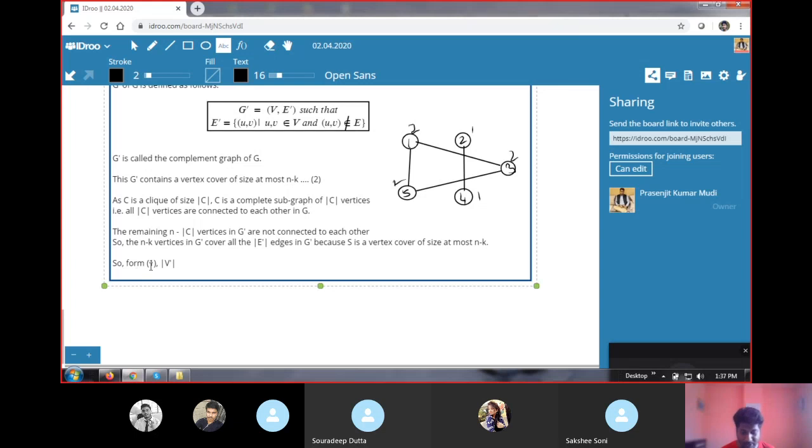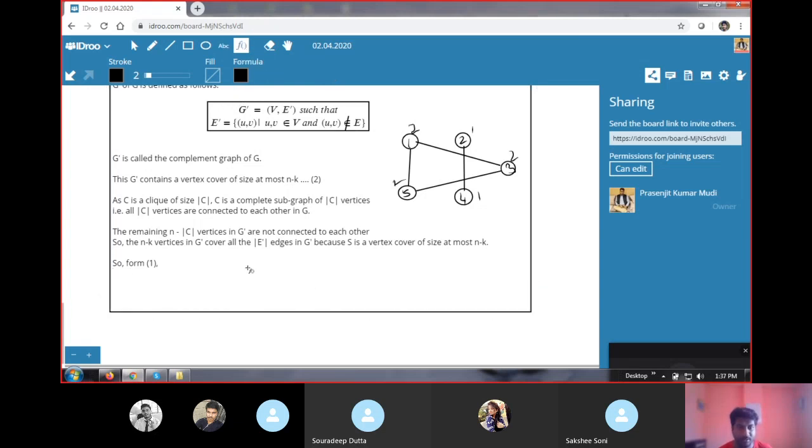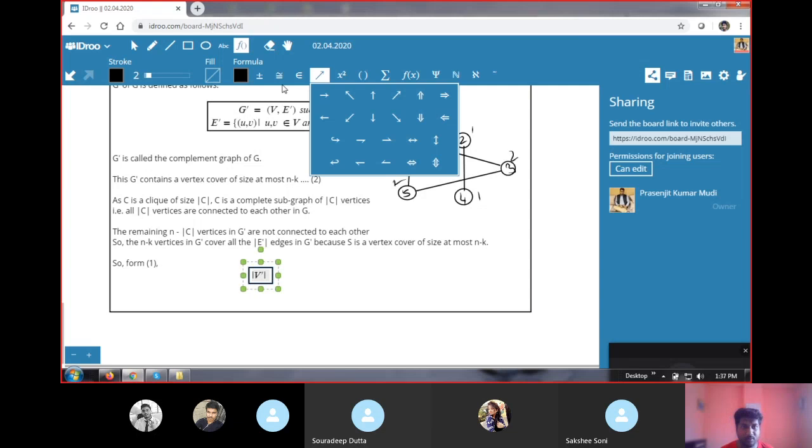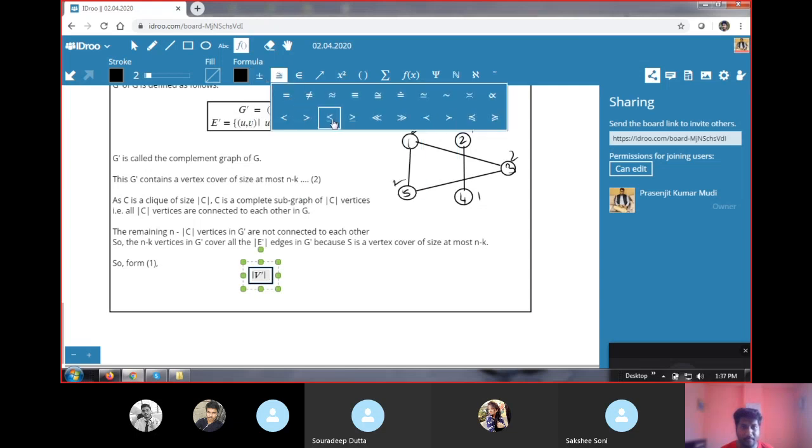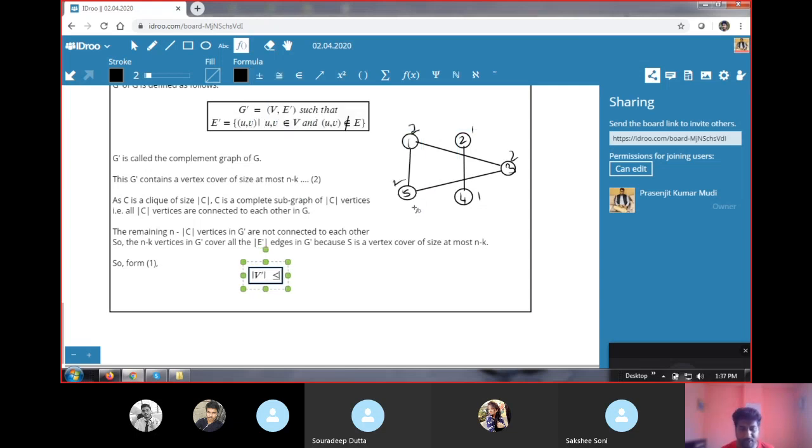So V dash is less than or equal to, S is a vertex cover of size at most n minus k.